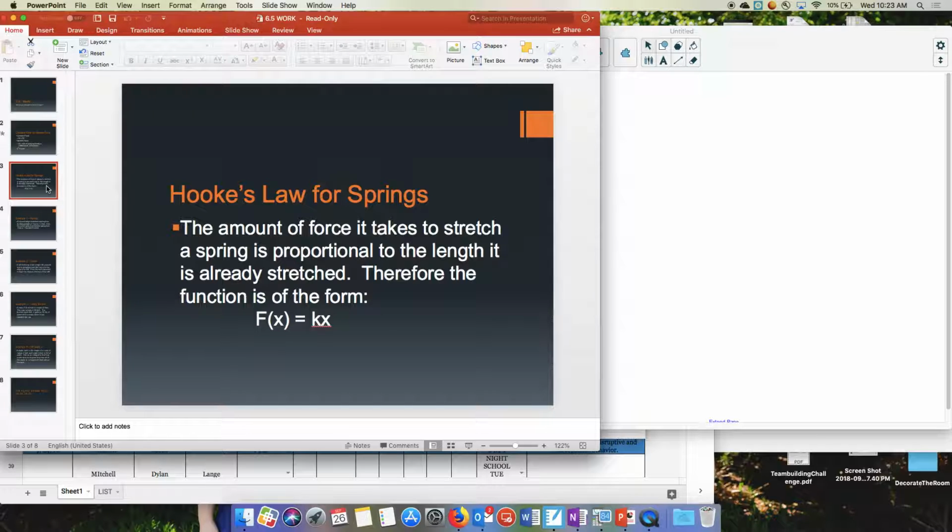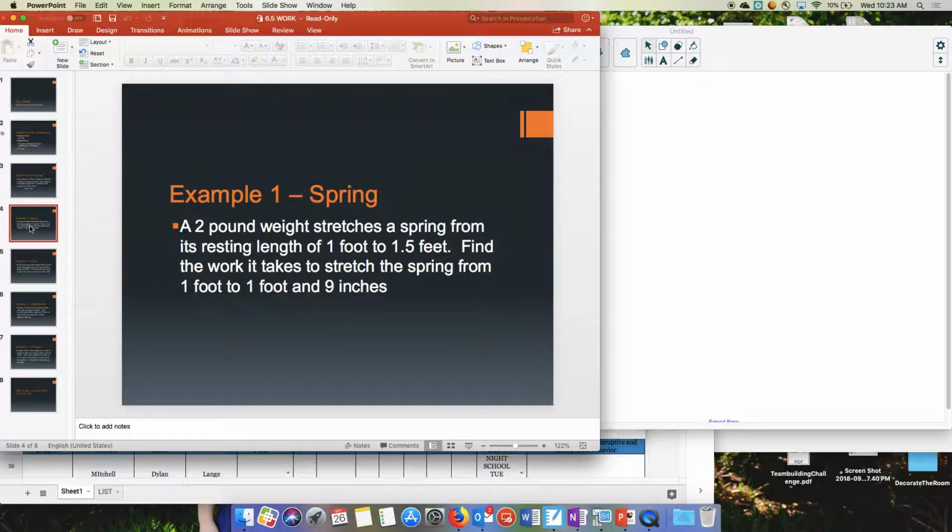Are you ready for some springs? Now, annoyingly, we are going to be in foot-pounds, and I'm very sorry. In physics, you work with the metric system, but in math class, we don't.